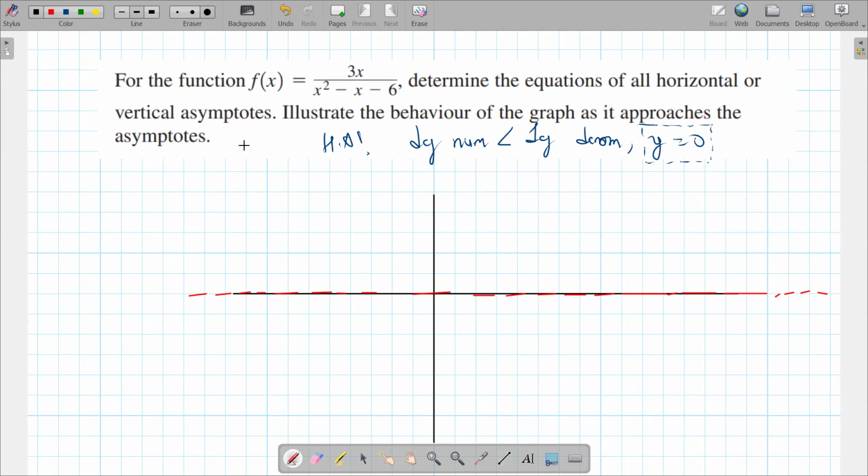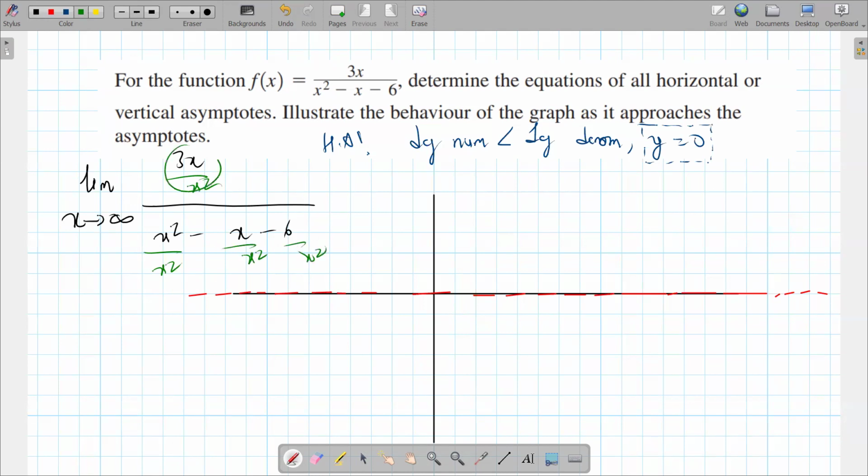Here's another way to find that. That's the shortcut. Sometimes the teachers want you to show the steps. So if you want the steps, what we do is the limit as x approaches infinity of 3x over x squared minus x minus 6. And you want to divide by the biggest power. So the biggest power here is x squared.